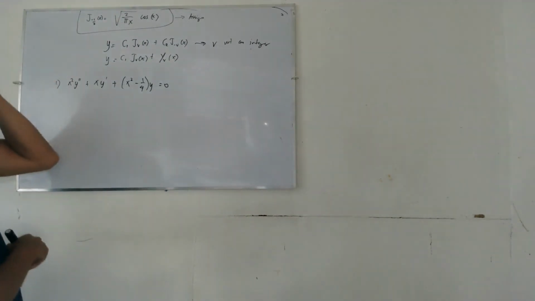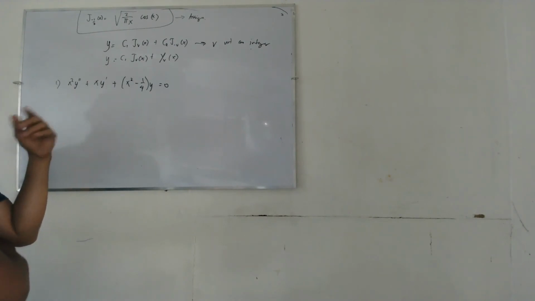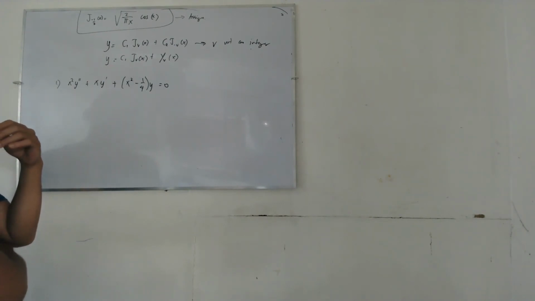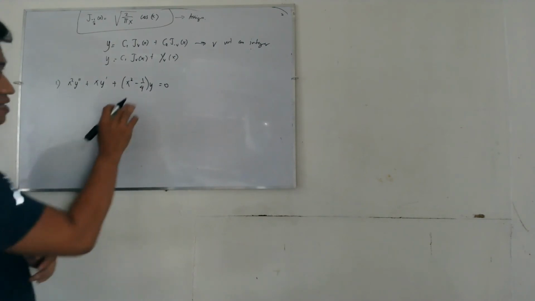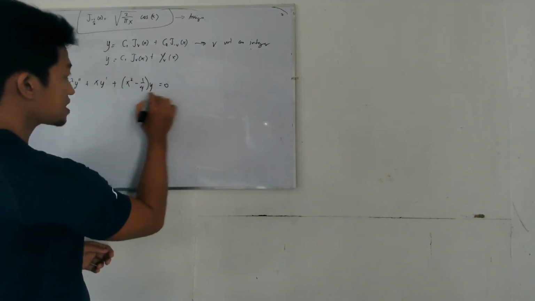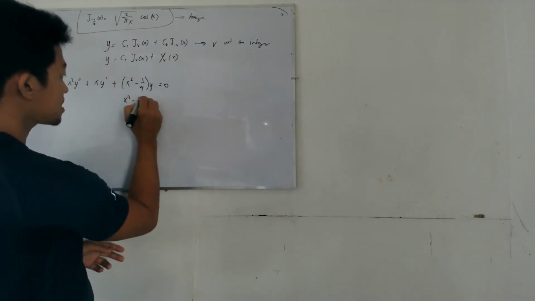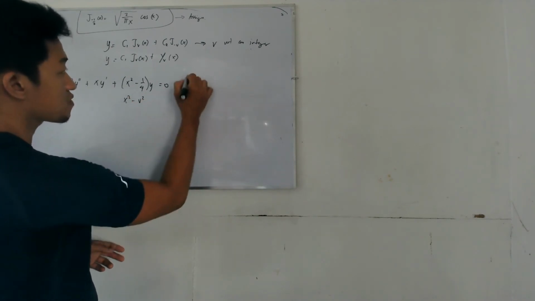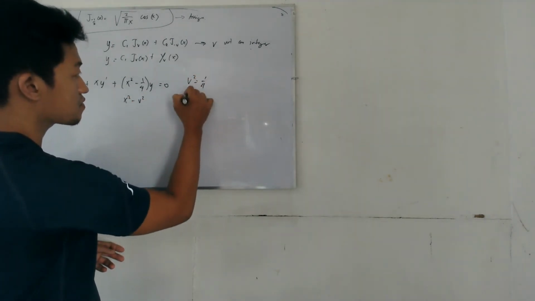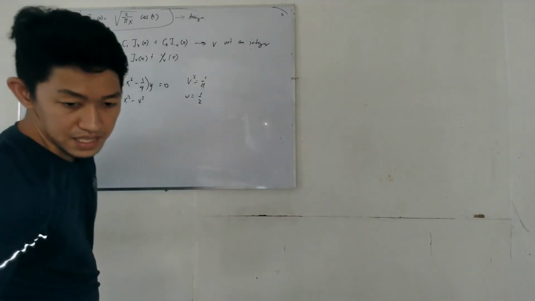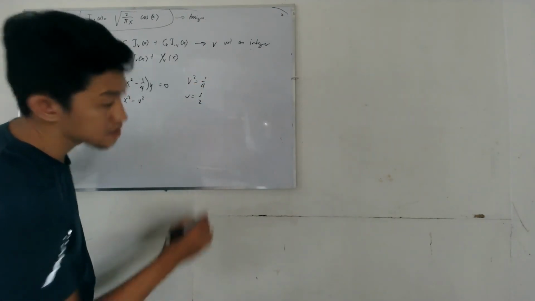So this is Bessel equation. So ang buhatan na is determine what is v. Ang v nimo is kani, diba? X squared minus v squared. So v squared is 1/4 or v equals positive negative 1/2. No?